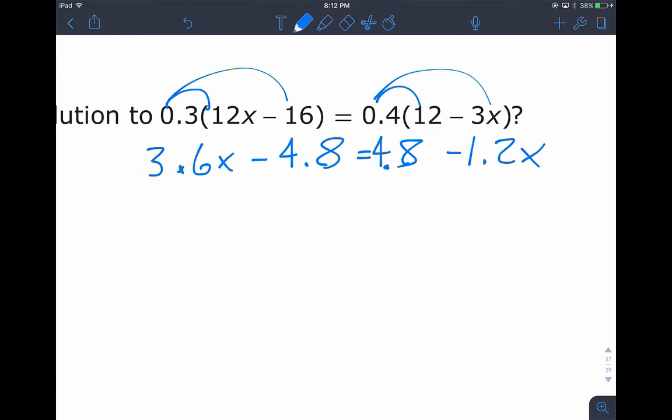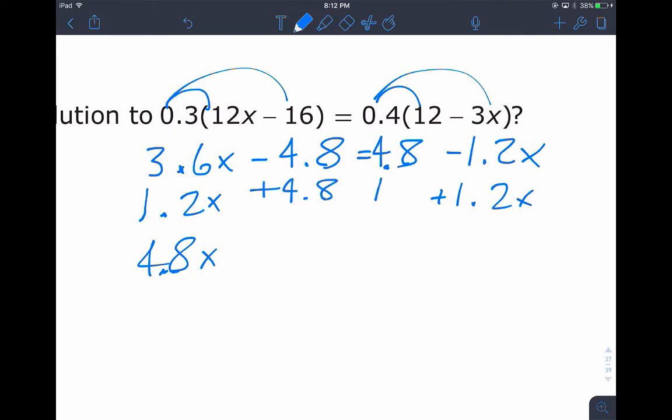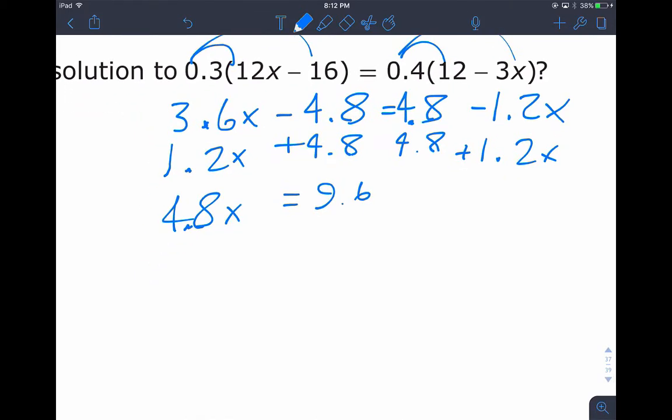Right, and then we need to add the 1.2x to both sides. So I guess that is 4.8x, and then I guess we need to add the 4.8. And that is 9.6. And then I'm going to assume once you divide by the 4.8, hopefully I believe we get 2.